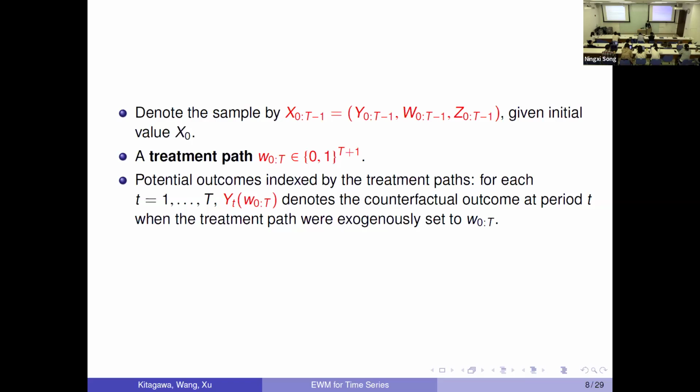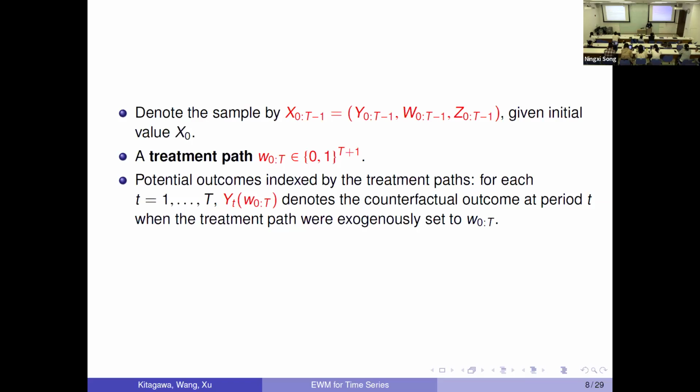Here's the important notion in the potential outcome time series. We have a treatment path, which is no longer a single treatment but a treatment history, which could be from the first period to the last period.